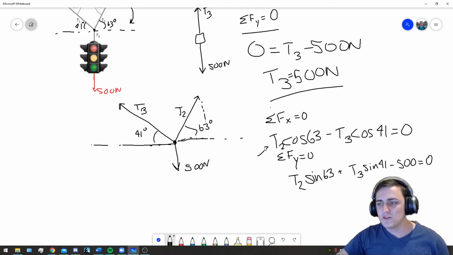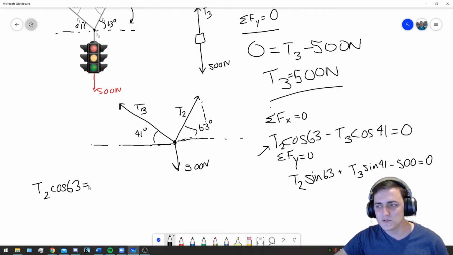The first thing I'd recommend doing is taking this equation and doing just a little bit of algebra on it. What we're trying to get is either a T2 equals or a T3 equals, because that will allow us to substitute this T2 equals into our second equation.